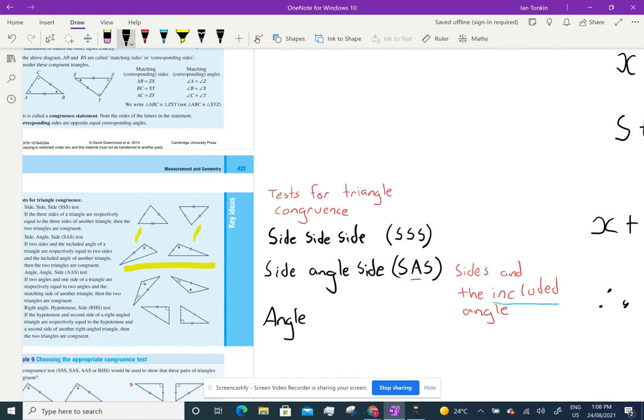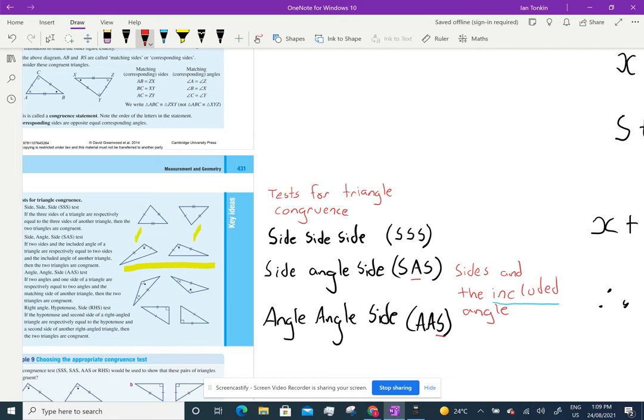Angle, angle, side. If you've got 2 angles and a side, but again, we'll dash under that side, it must be the corresponding angles. So if you've got 2 angles in a triangle, you've essentially got 3, because you can use the angle sum to find the third.